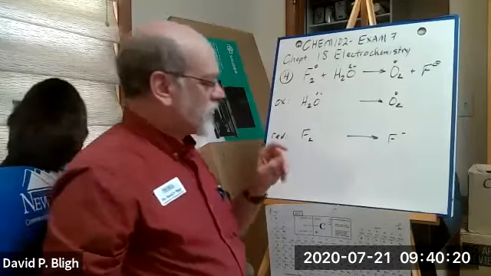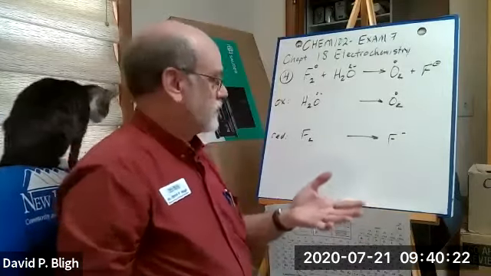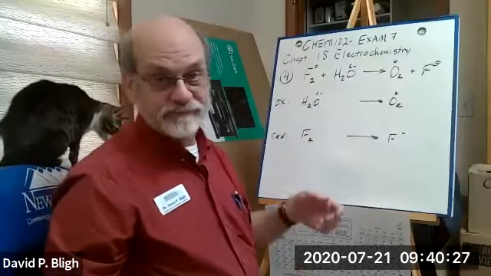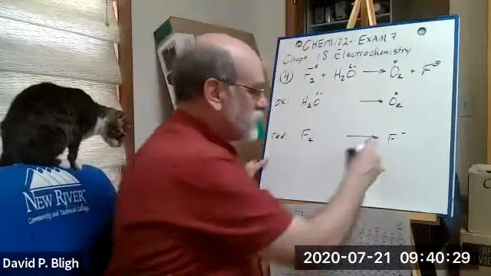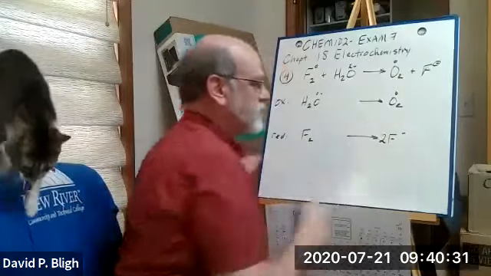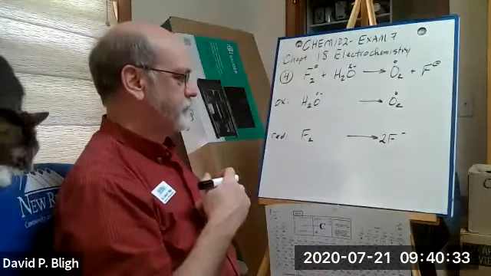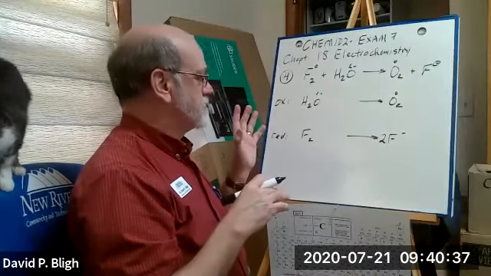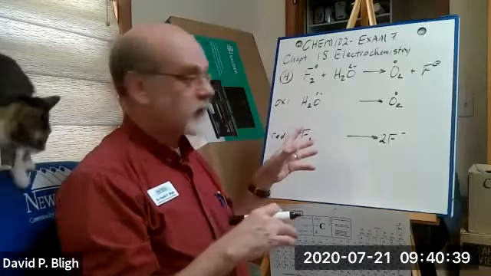Okay, so now we do elements. Everything except oxygen, so we leave that one alone. This one, we need 2 here. Now we balance the oxygens with water.